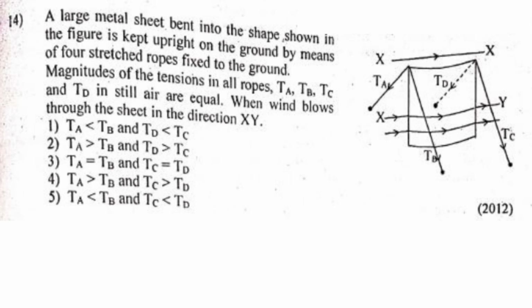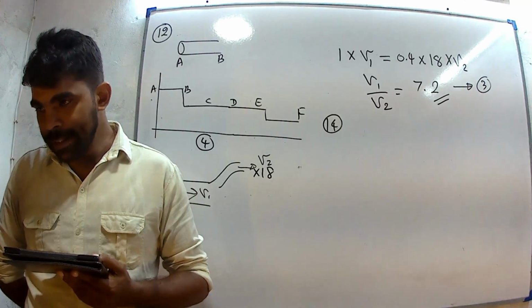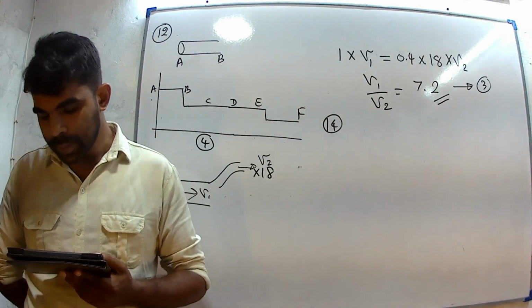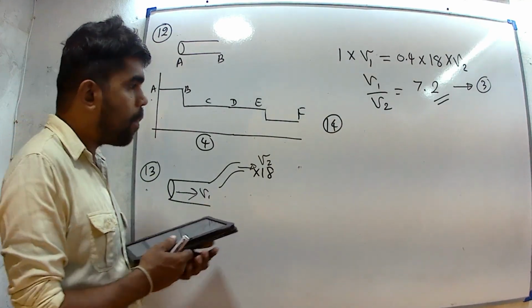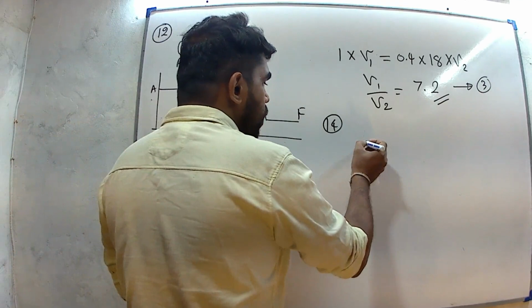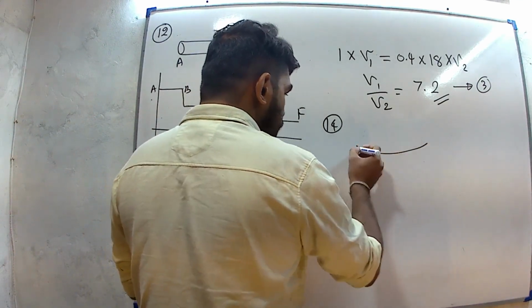What happens when wind blows across the sheet in the direction XY? Now we can consider, according to the shape of the given metal sheet, it is like this.